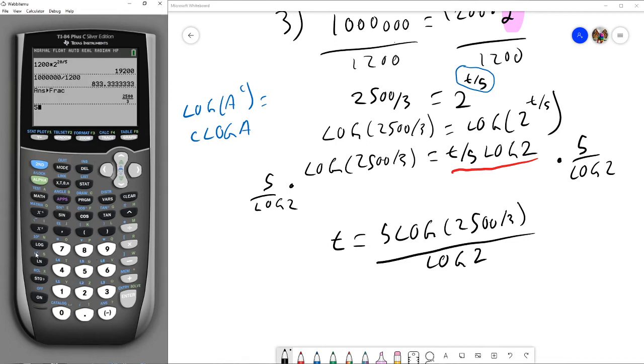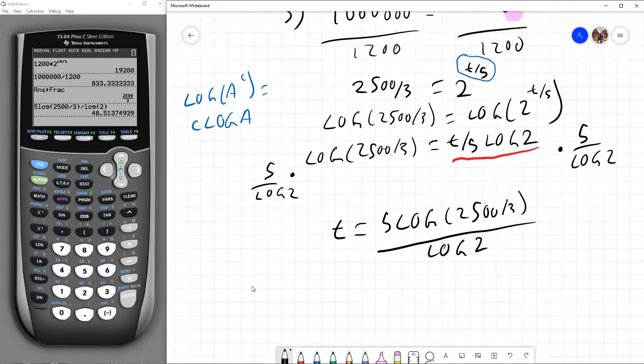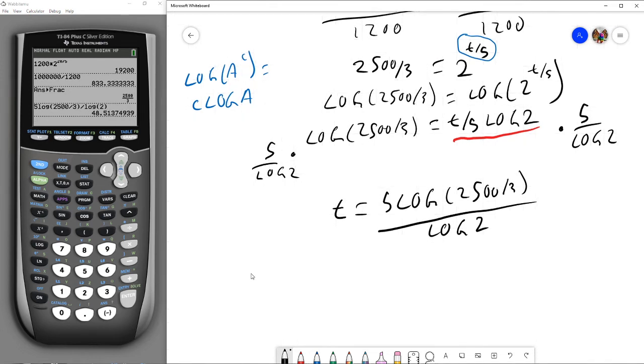So 5 log of 2500 thirds divided by log of 2, and we get 48.5 hours. Okay, so t will equal 48.5 hours. So it takes just over 2 days and the population will reach 1 million. That's not very long. Alright.